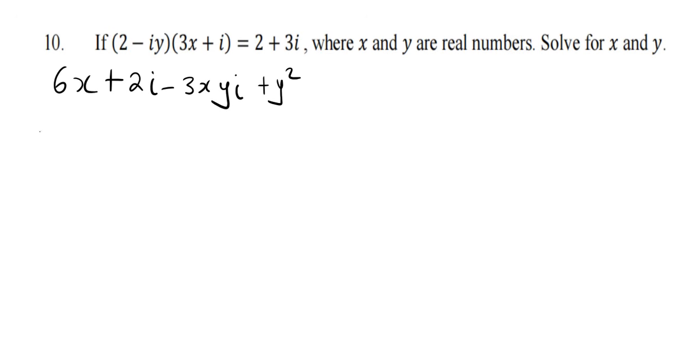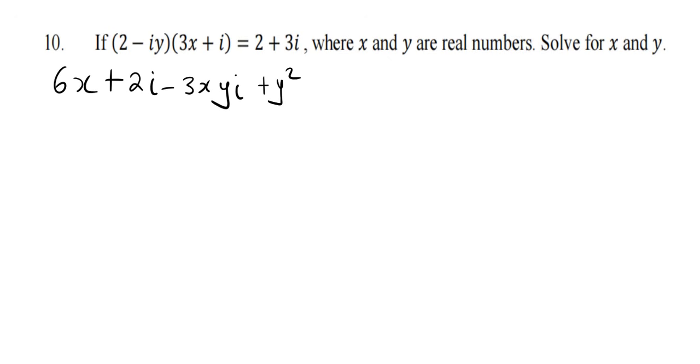Then what do we now do? Is there anything that we can simplify here? Okay, no. Now that it's in this form, we have to make sure that we put the real parts alone and the imaginary parts alone, the ones with i alone and the ones which are not i alone.